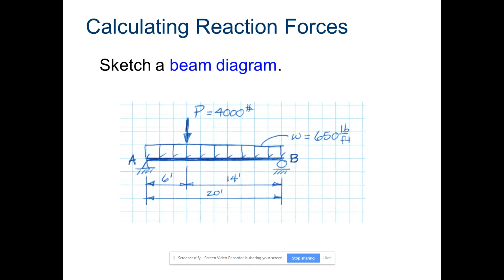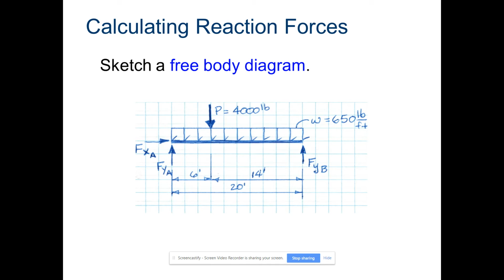Now, we're going to do a free body diagram. Here we show our arrows for force Y and force A and force B. We have FXA and FYA and FYB. Now, FXA, again, is going to be equal to 0.